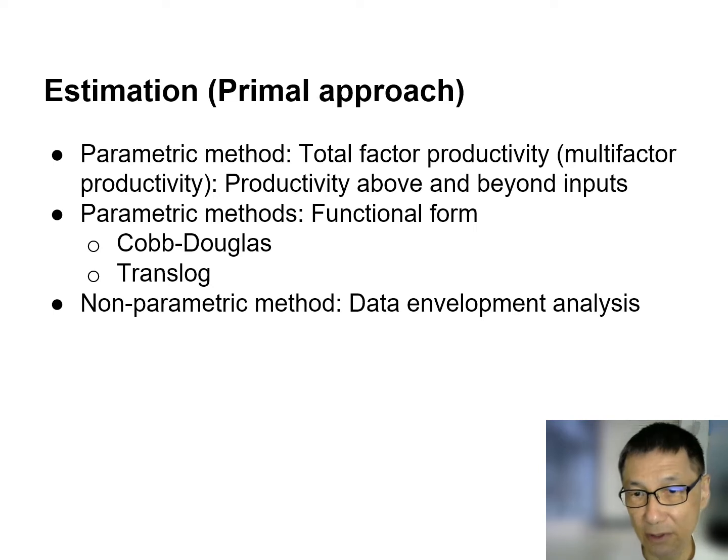There are also non-parametric methods used in the primal approach to estimating total factor productivity. The most prominent is data envelopment analysis. In this review, we will focus on parametric methods using the Cobb-Douglas functional form.